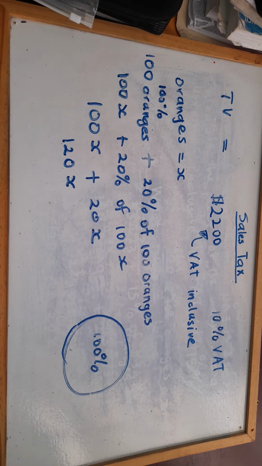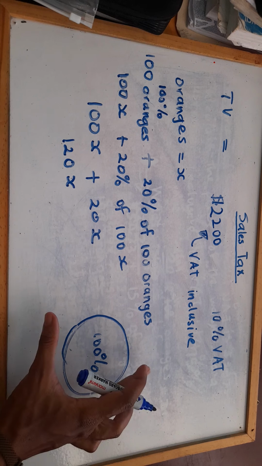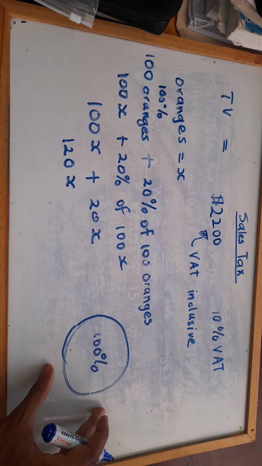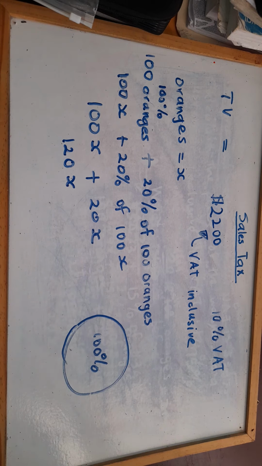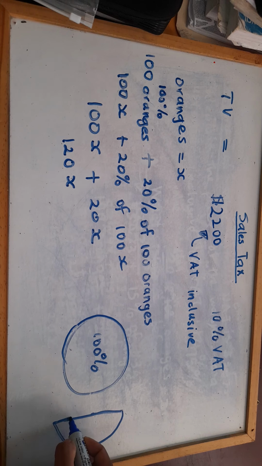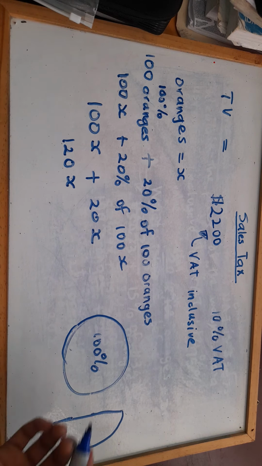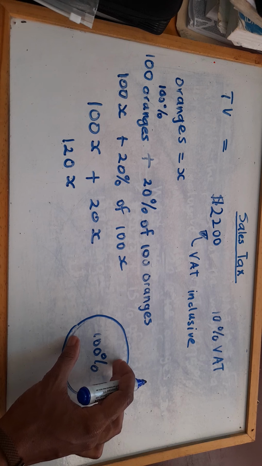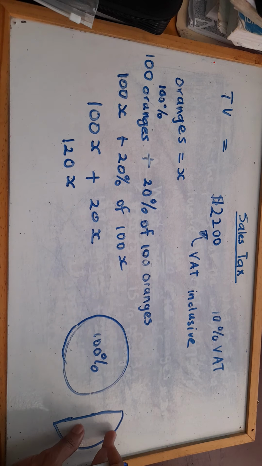Right? Going back to the pizza. This is 100%. Now, if I have an identical pizza, but somebody comes and gives me half of a pizza, say this is a barbecue chicken pizza, and somebody else has an identical barbecue chicken pizza but gives me half.